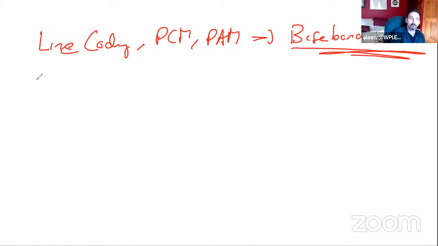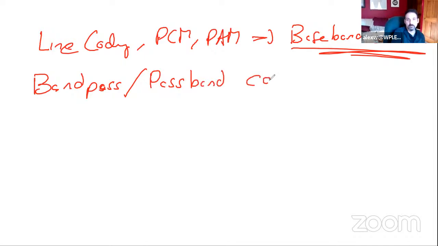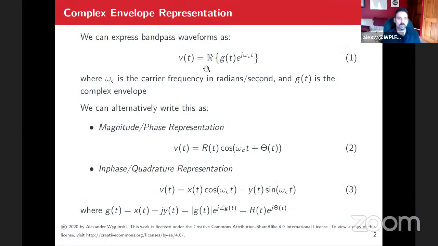What we're going to do now is look at taking that information and moving it to frequencies really far away from 0 hertz, and we call those bandpass waveforms, also known as passband communications. There is a very important mathematical relationship that I want everybody to pay attention to, and it's this one, equation 1.